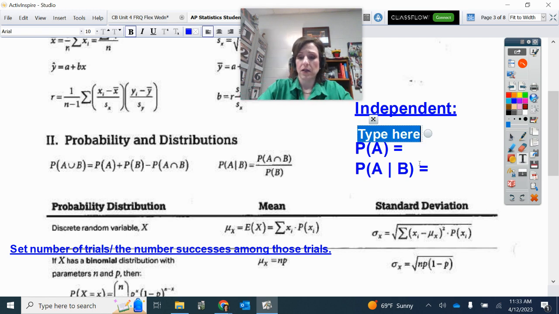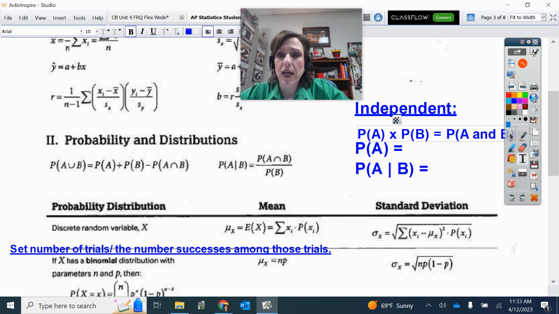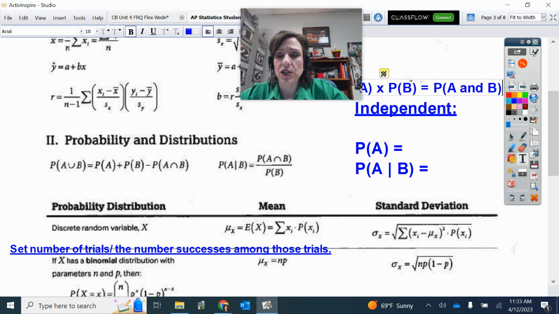Here's one way: probability of A times the probability of B equals the probability of A and B.